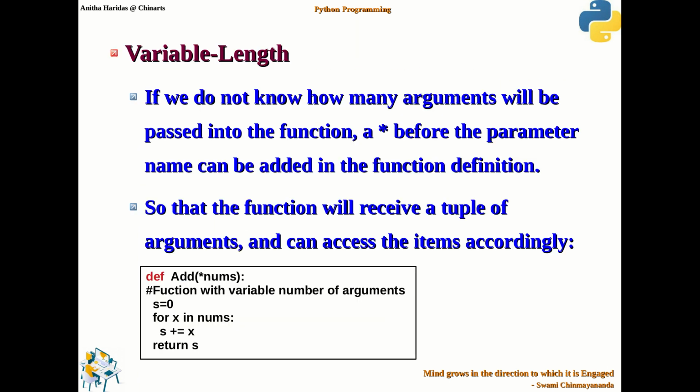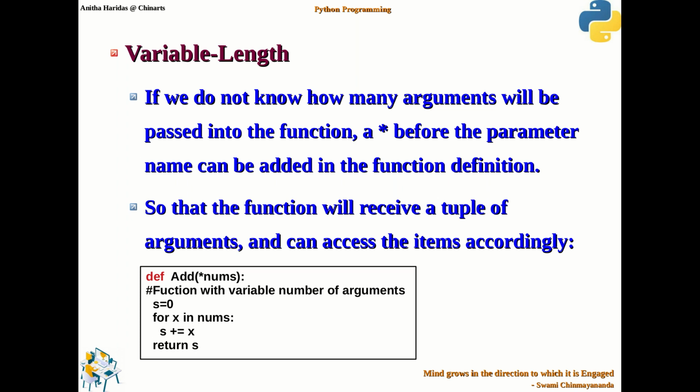Then the last one is the variable length arguments, sometimes also known as positional parameters. In the variable length arguments, we give a star in the variable so that it becomes a tuple, and this tuple can receive any number of arguments. The first time when you call the function, it may have only 3 arguments, and the second time you can pass 5 arguments, or 10 arguments, any number of arguments.